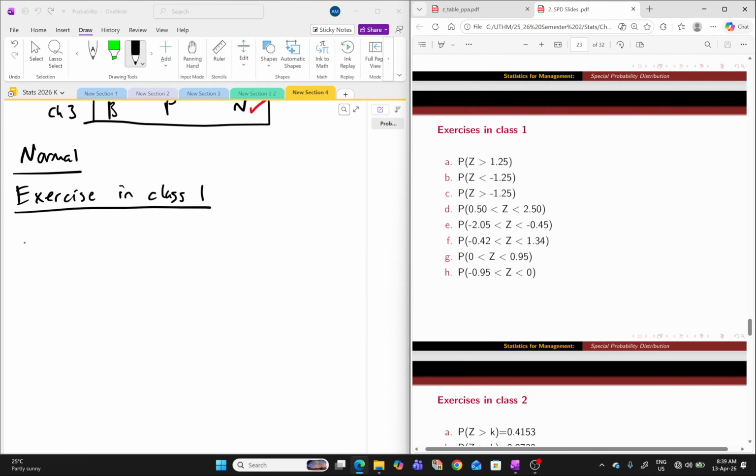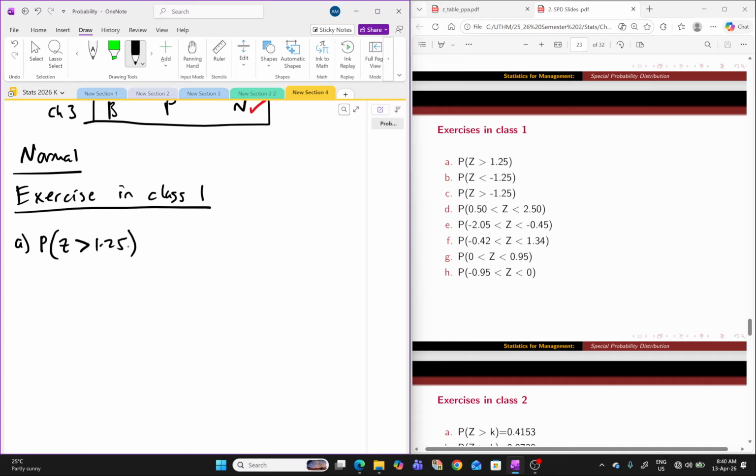All right. The first question is A. We are learning how to use the table first. Probability of Z greater than 1.25.